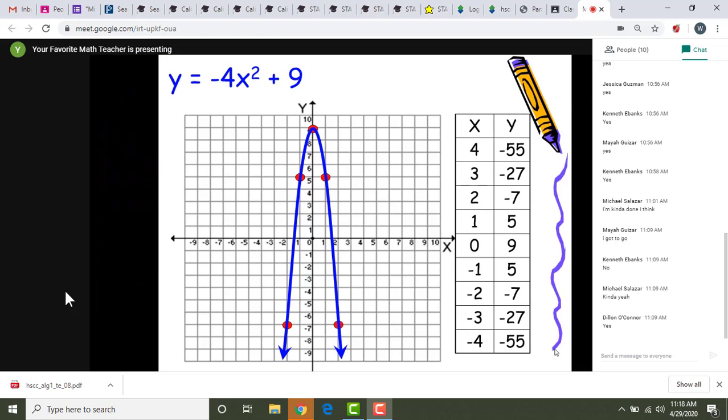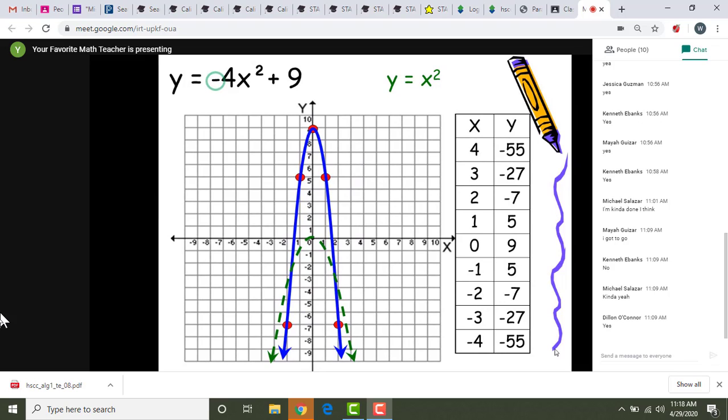What happened to this graph versus its parent graph? That's the parent graph in green. So the first thing I can see is that it's reflected. That negative right there is telling me I have to reflect it.